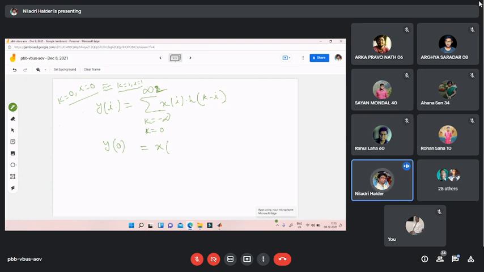When k equal to 0, x0 and h0, because I is 0, plus when k equal to 1, x0 h1, plus when k equal to 2, x0 h2. So see, for I equal to 1 value, you are getting a combination of 3 values in the output.